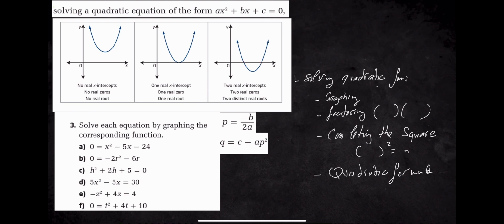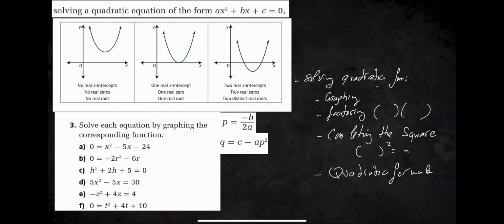To solve this, which means to find the value of x, you just need to graph the function f(x) equal to ax squared plus bx plus c, and see if it's touching the x-axis in two points, in one point, or not touching at all.